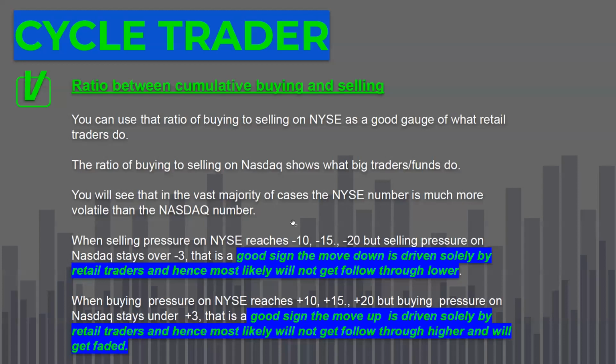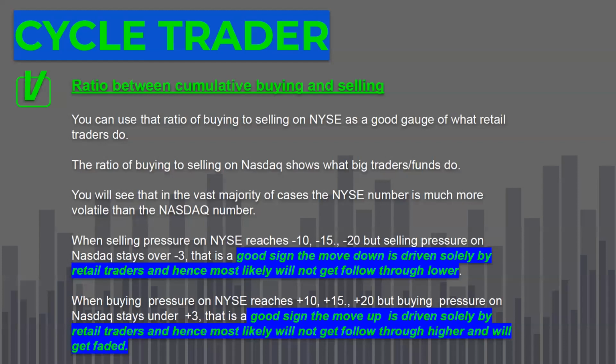So when you see that huge difference in down pressure on NYSE, what can happen is that brokers force retail traders to liquidate long positions, and that does not normally happen for a long time.